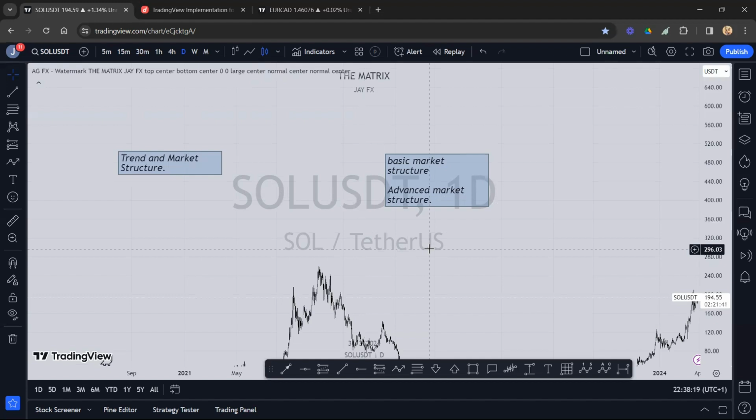Now, we are going to focus more on the basic market structure. And once you are familiar with the basic market structure, in future classes, we are going to look at the advanced market structure.